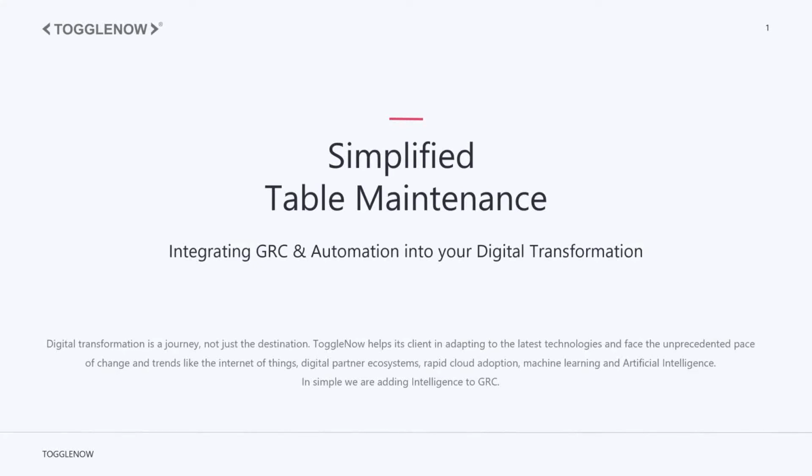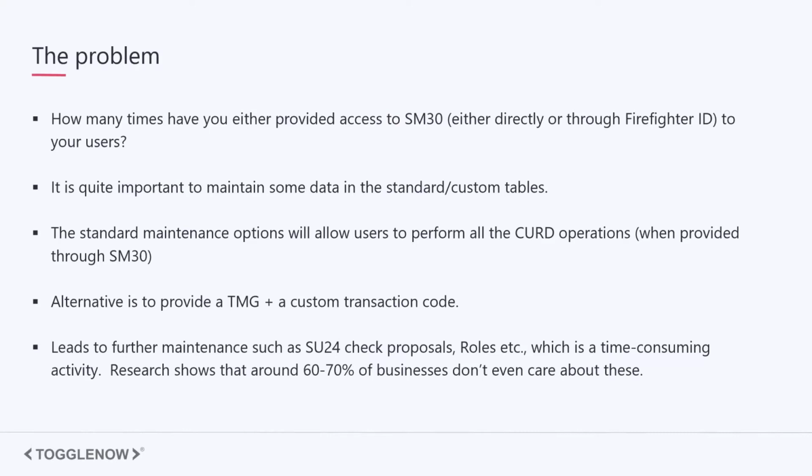In this video, I'm going to explain a very simple yet effective automation called simplified table maintenance. Many times we end up providing access to the SM30 transaction code to maintain tables, or providing access to various firefighter IDs to maintain the tables because it leaves an audit trail.